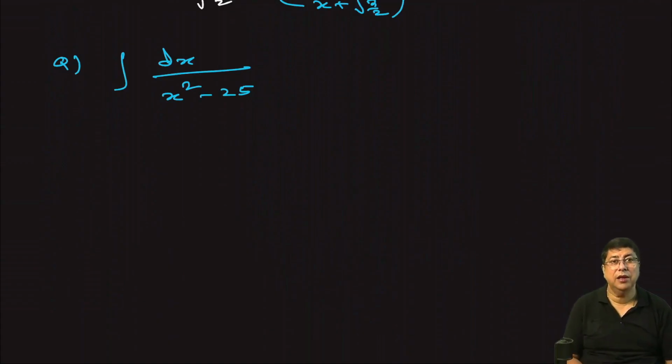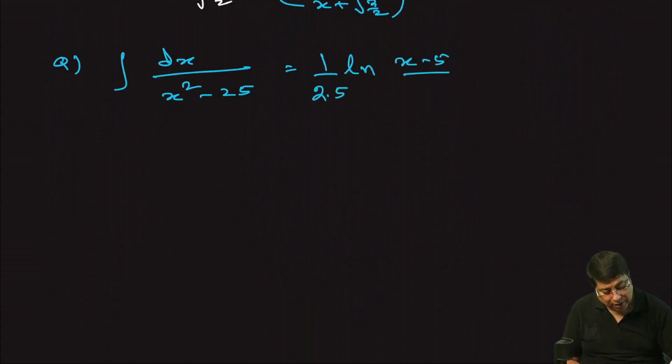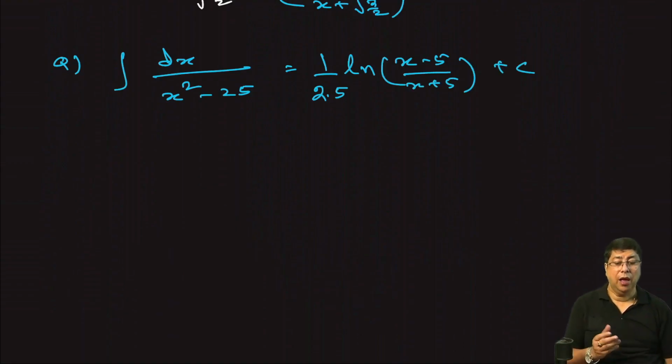So I can write here directly 1 by 2a, a is 5, log of x minus 5 by x plus 5 plus c. Done. I am going to the next.